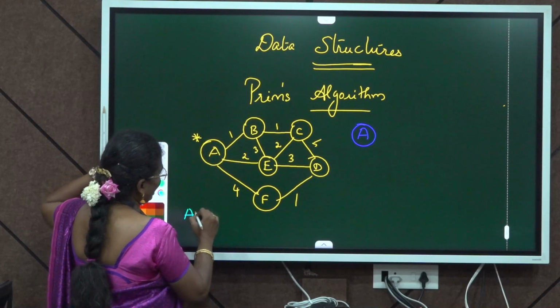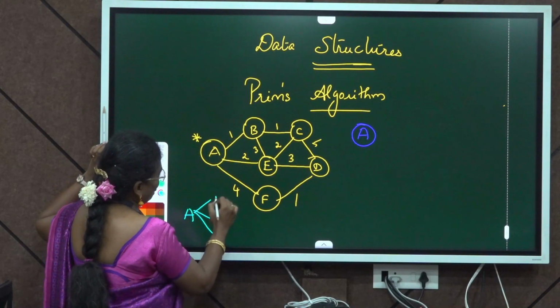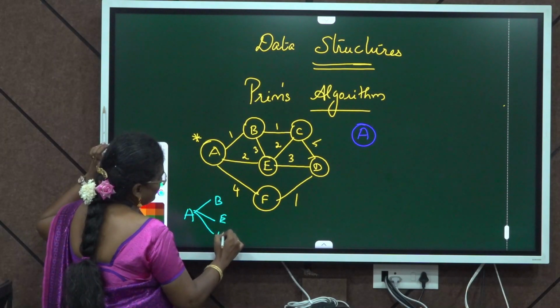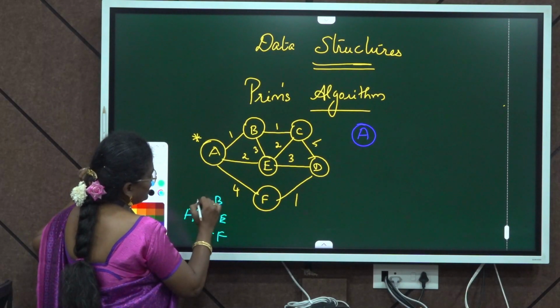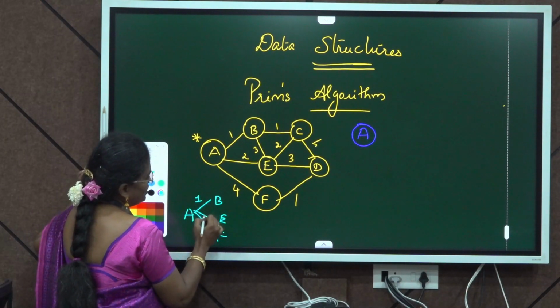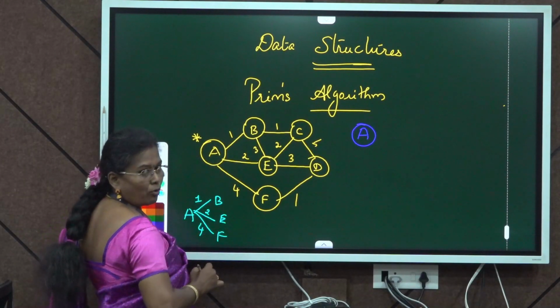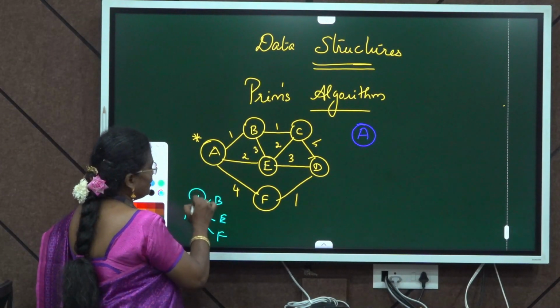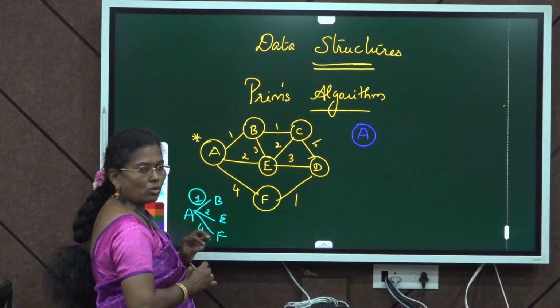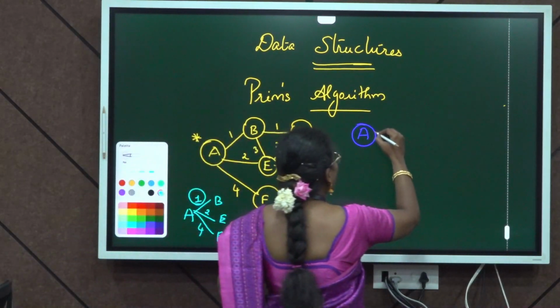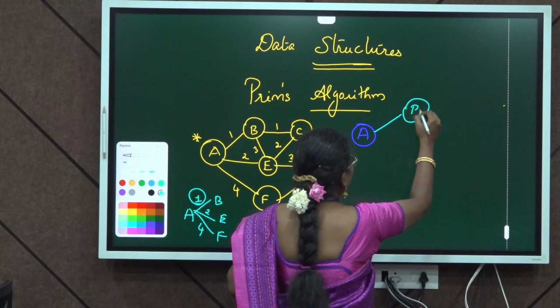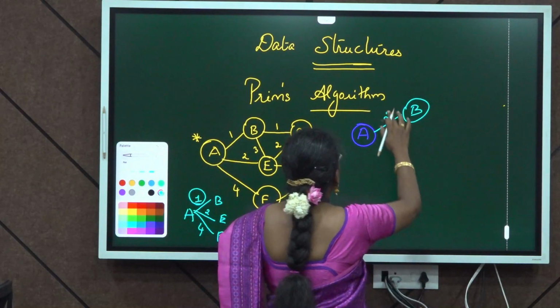So, from A to reach B it is 1, from A to reach E is 2, from A to reach F is 4. Out of these outgoing edges, 1 is the shortest edge. So, from A we are going to reach B, which has the shortest edge as 1.